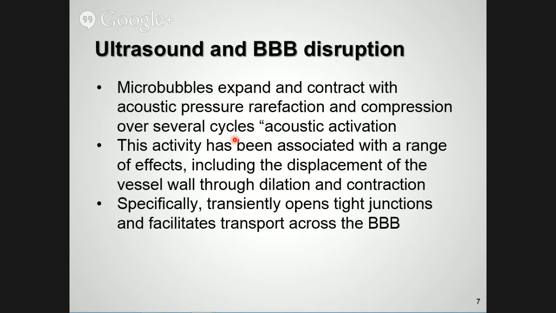They will also expand and contract. And when they undergo this acoustic activation, one of the things that happens is that they will start to displace the vessel cell wall. In other words, as they expand and contract and as they brush up against the blood vessels that they're flowing through as you're providing focused ultrasound on an area of the body, they will transiently open tight junctions which are associated with the blood-brain barrier.